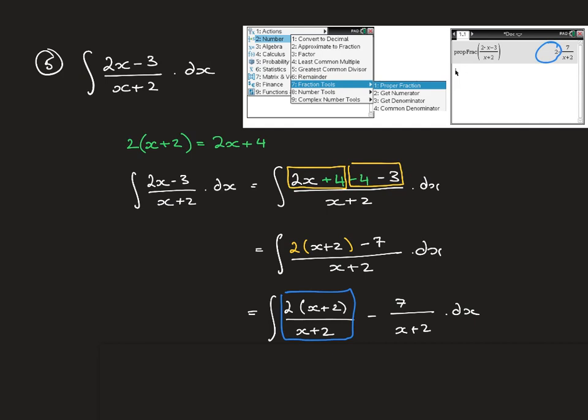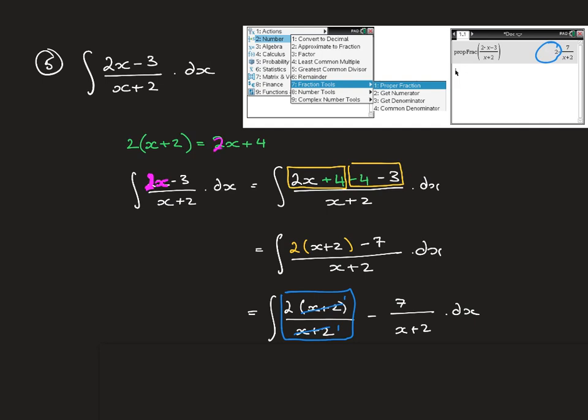Can you see what's happened there? So x plus 2 cancels with x plus 2, and that leaves me with the 2 that I had up there. So the idea is that you write it so that your top line contains a particular multiple. See this 2x here?